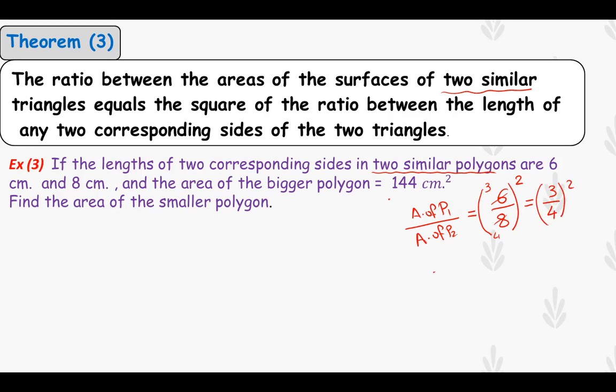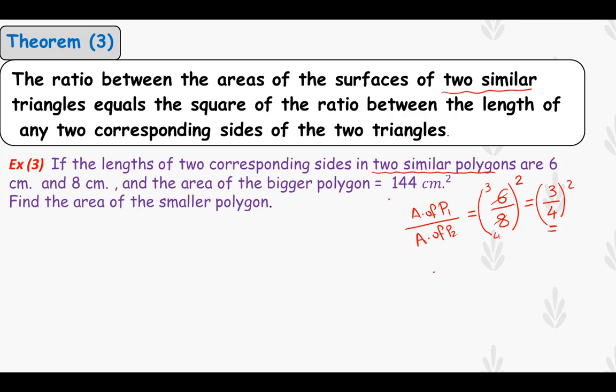And it tells us the area of the bigger polygon is 144. How can I know which is the bigger polygon? The area of the bigger polygon corresponds to the larger side.